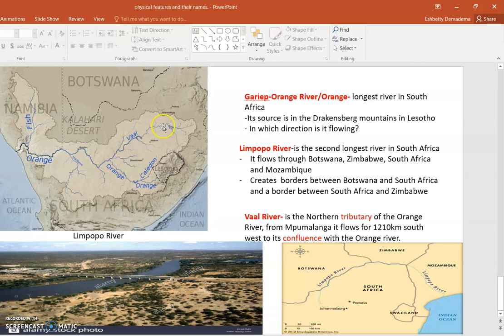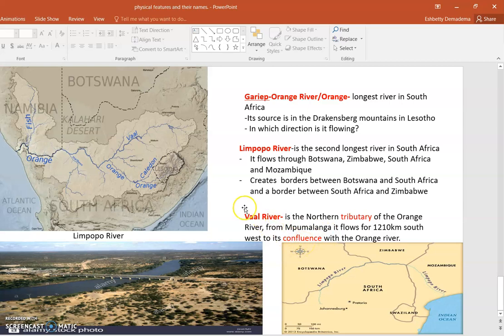Okay, so it will flow from Mpumalanga, it's flowing all the way until it gets to its confluence. Can you see the Orange River is here, and there is our Vaal, and we are saying where the two meet. Remember, we called that point confluence.